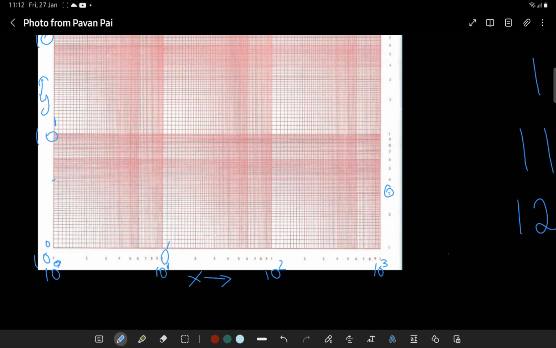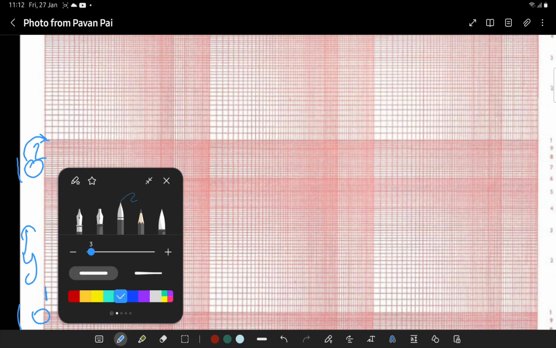See, here is the 11. This is on x axis, and for y, starting from this line, we'll count 7 lines from that to get 7.3.